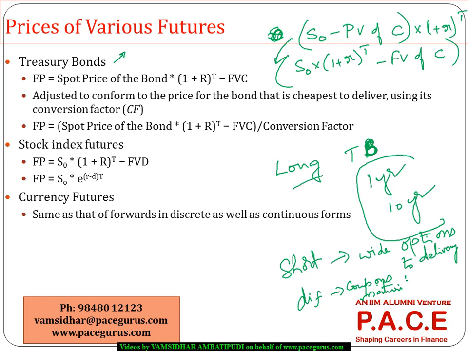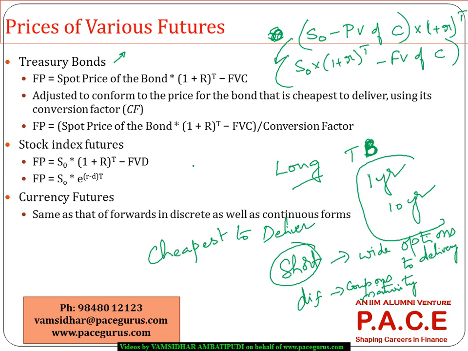So as far as the treasury bond futures market is concerned, for a short there is an option to deliver any long term bond with varying coupons as well as varying maturity periods. So the choice will always be on that particular bond which is cheapest to deliver, because the short has various options to deliver the bond, he will choose that particular bond which is cheapest to deliver.